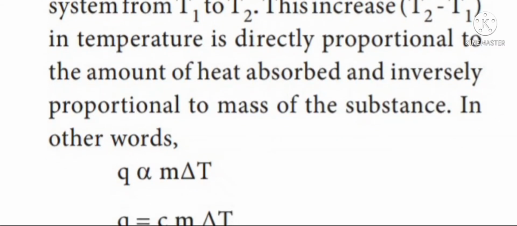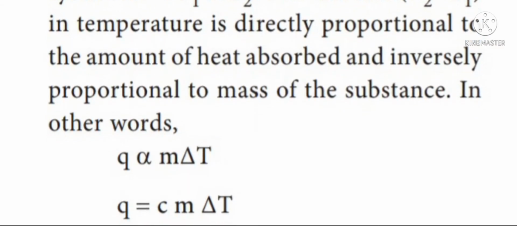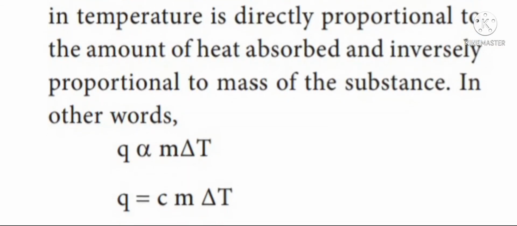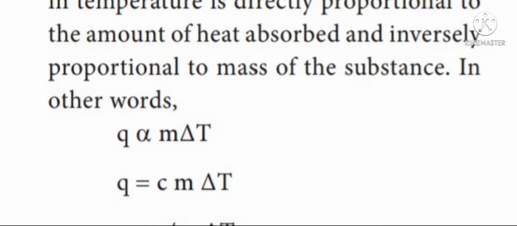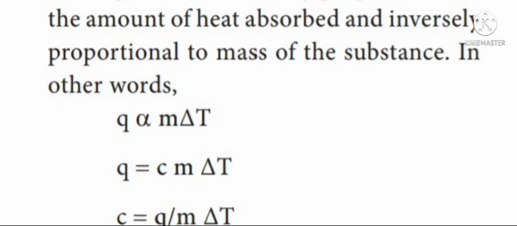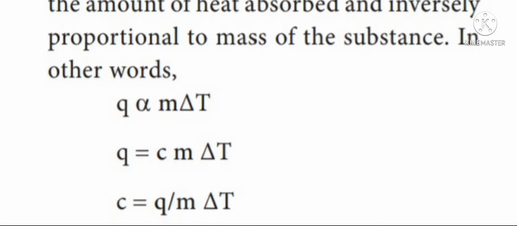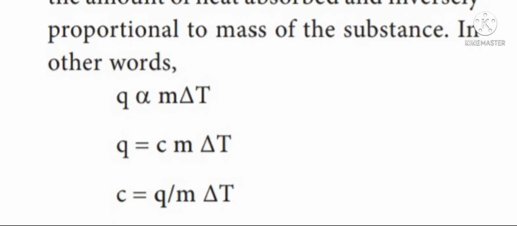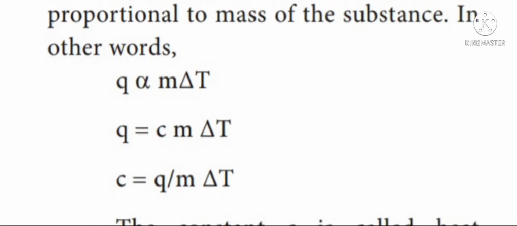The increase in temperature is given by T2 minus T1 or otherwise delta T. Hence, this increase in temperature is directly proportional to the amount of heat absorbed and inversely proportional to the mass of the substance. It is given by Q is directly proportional to M into delta T.